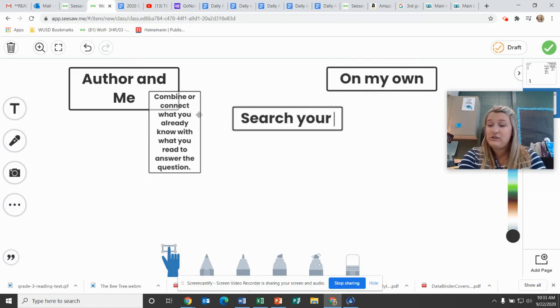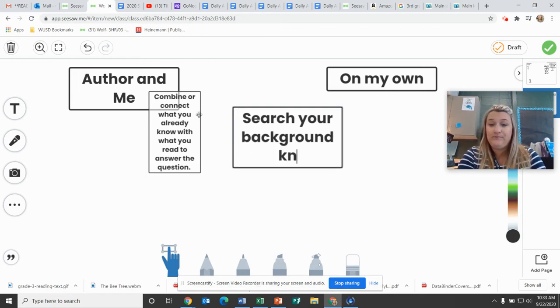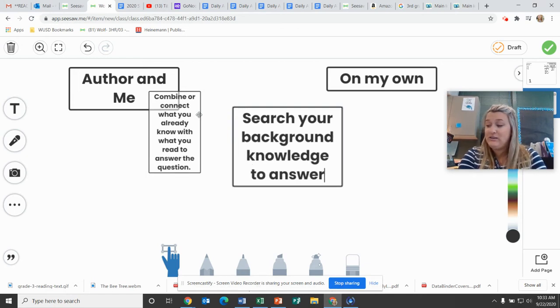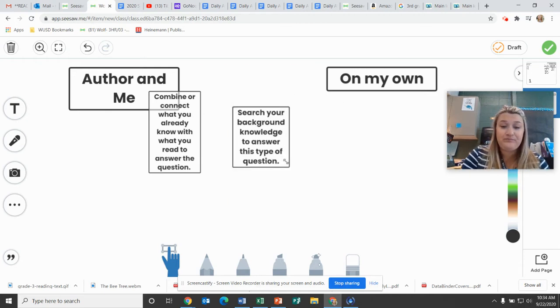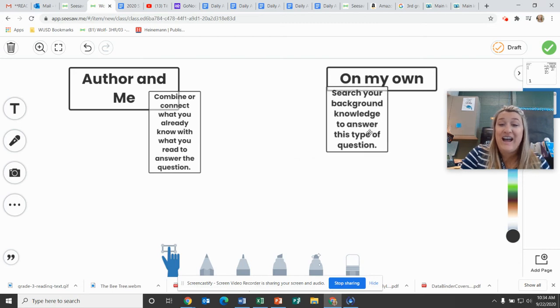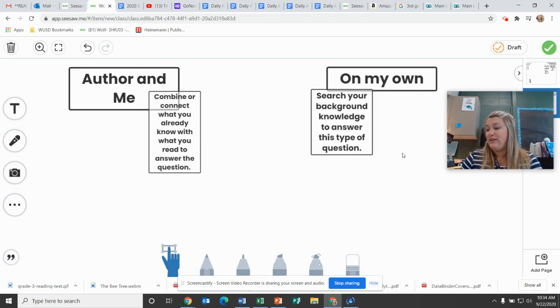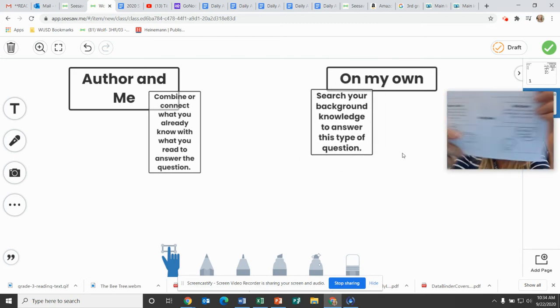You're going to search your background knowledge to answer this type of question. So here you're not going to find it in the book or anywhere else besides your brain and your background information, which is why the picture looks like this. Everything I know and connections is how you're going to answer it.